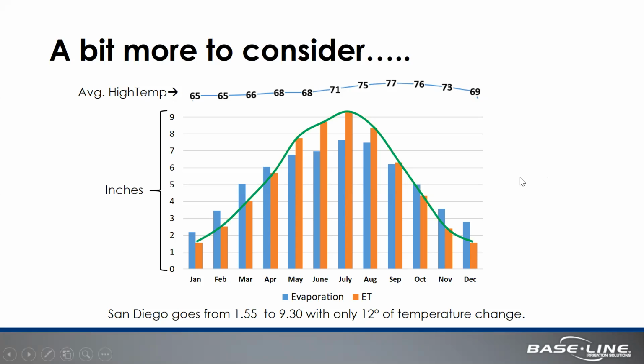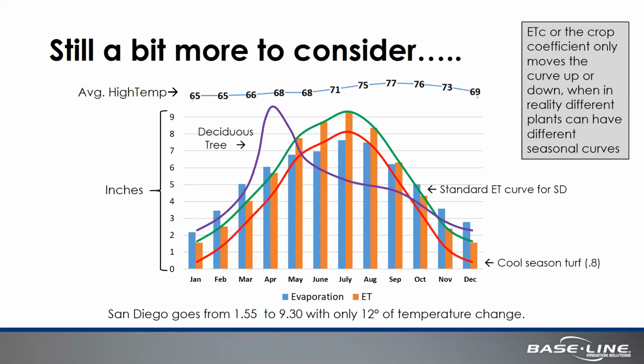But as we look at it a little bit differently or deeper regarding different plant materials, the crop coefficient for a deciduous tree has a much different historical bell curve than standard turf grass would. And the water requirement for a deciduous tree is much higher while it is putting on its leaf canopy than it is throughout the hottest time of the season when it is working towards dormancy.